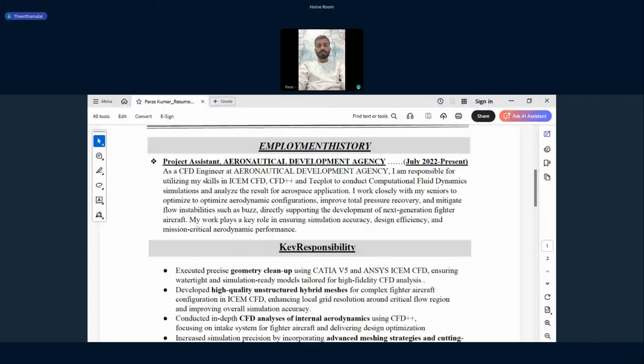For the LCA, this air intake is under the wing, no? Yes, sir. What is the benefit of keeping the air intake under the wing? Why not push it in the front? What is the advantage? What is the disadvantage?